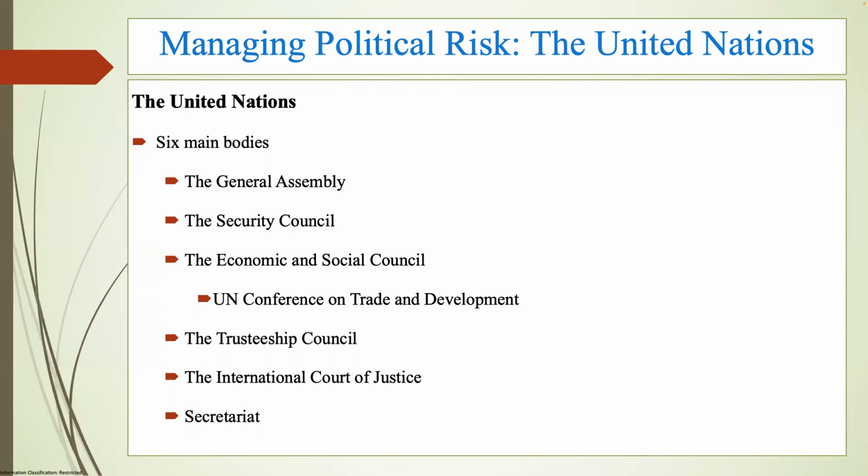Practically all nations in the world are UN members, except for several small countries and territories that have observer status. So there are six main bodies: the General Assembly, Security Council, Economic and Social Council, UN Conference on Trade and Development, the Trusteeship Council, the International Court of Justice, and the Secretariat.